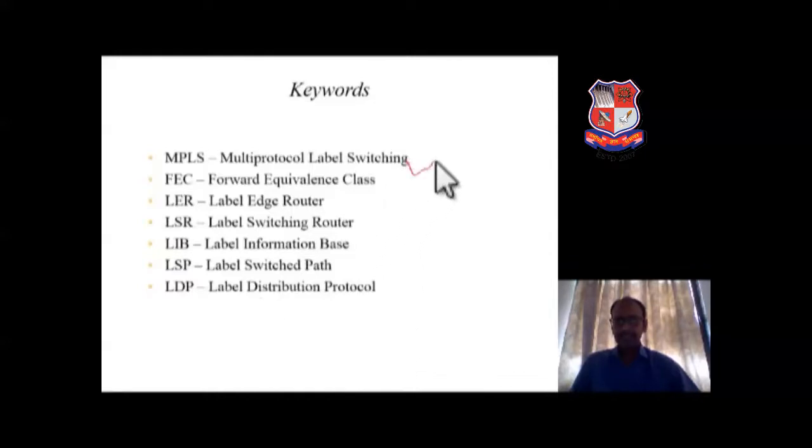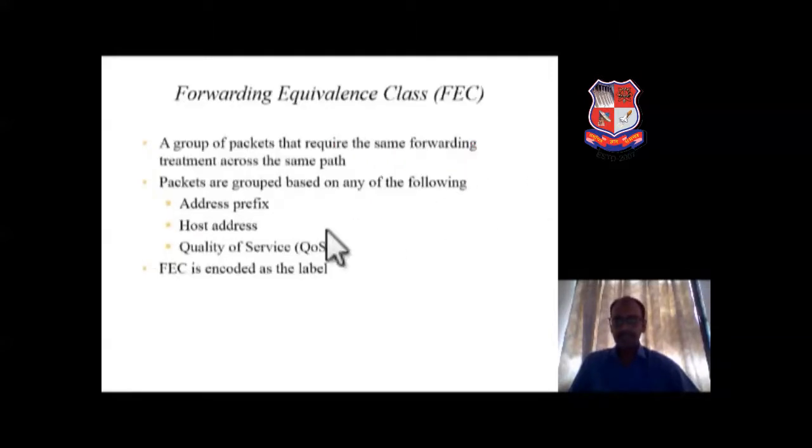All these terms are important as part of the syllabus, and the label information base is much more important, but the label switched path is an important term. The label distribution protocol is not part of the syllabus, because that is an even more detailed part. So let's look at these individual keywords.